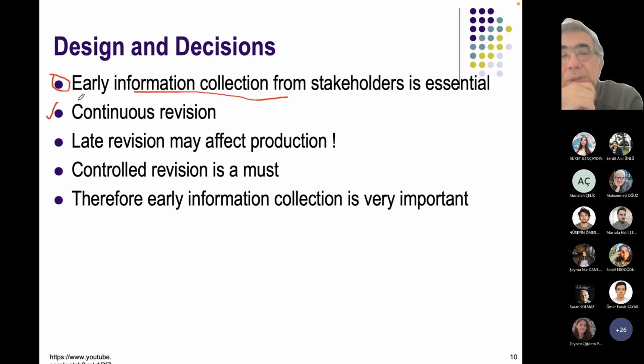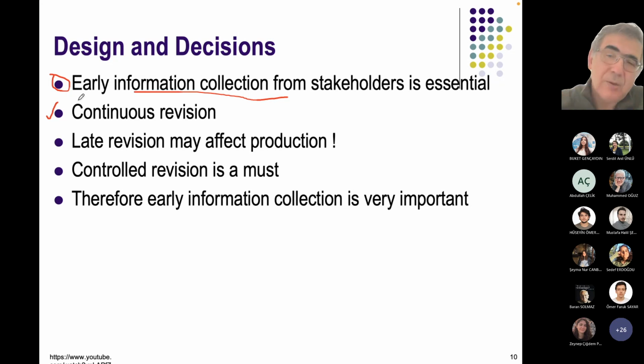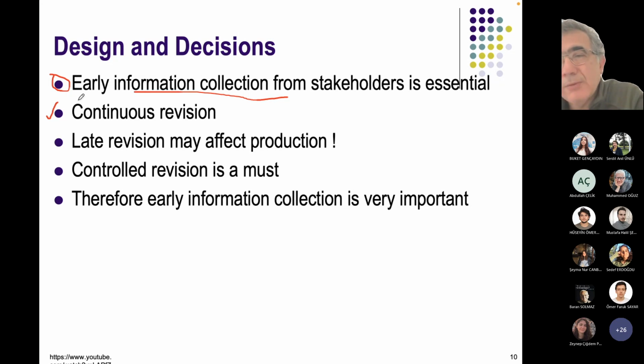You need to make a continuous revision, which today we know as the agile process. Part of the agile process requires continuous revision and information sharing between the stakeholders. Late revisions affect the production of the site because you need to change a lot of parts, or you give up on changing it and have to use an incorrectly designed web page because it will be very expensive and costly to change.